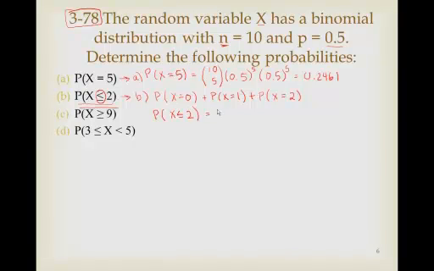So we'll write that down: the probability of x less than or equal to 2 is, well, look at that, 10 choose 0 times 0.5 to the 0 times 0.5 to the 10. And then we'll add 10 choose 1, 0.5 to the 1, and 0.5 to the 9.